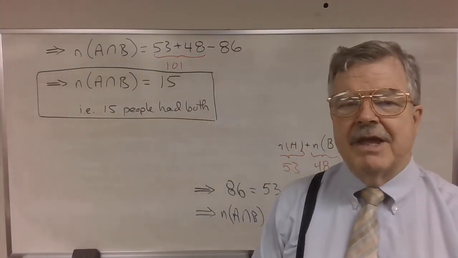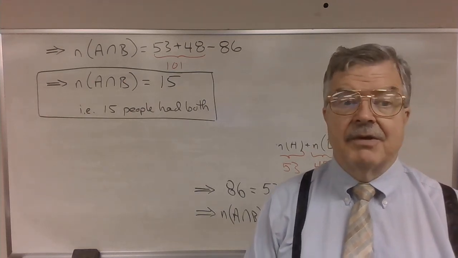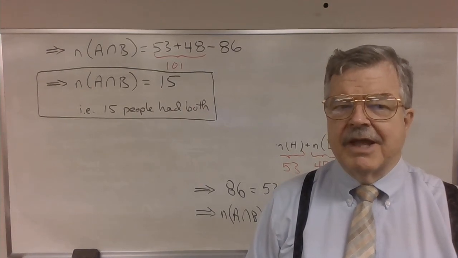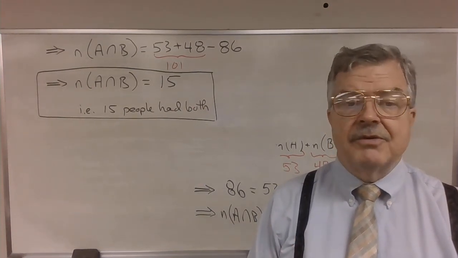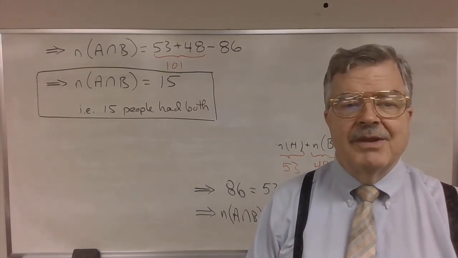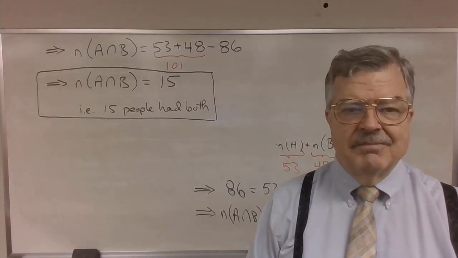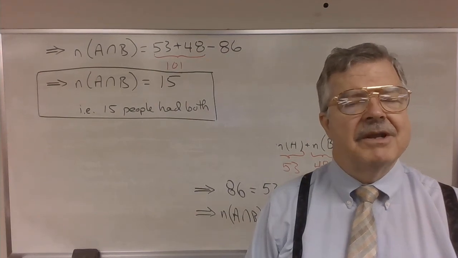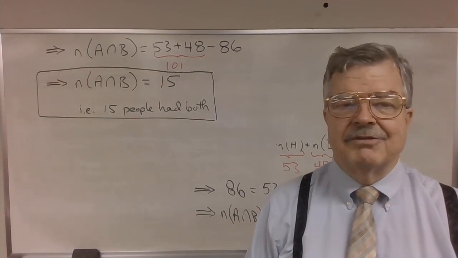So that's an example of how we can use the counting formula. And we want to be very good at using the counting formula because this is going to come into play when we do probability. Doesn't seem like there really should be a connection between the two, but there is.